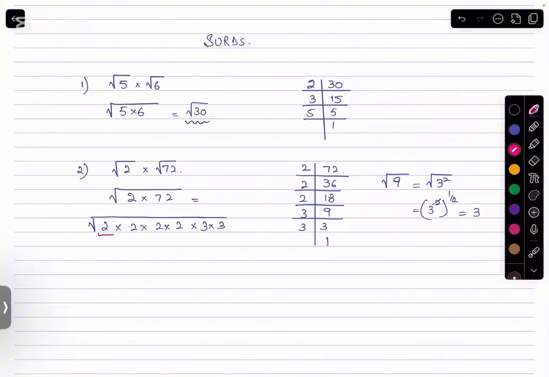I'm getting a pair of 2 here, I'm getting a pair of 2 here, and then it's a pair of 3 also. तमाम पेयर्स को मैं विदाउट रेडिकल लिख सकती हूँ as a 2 and then again a 2 and then again a 3. So what is going to be my answer? It's just going to be a 12 here. Got it? Is that clear?